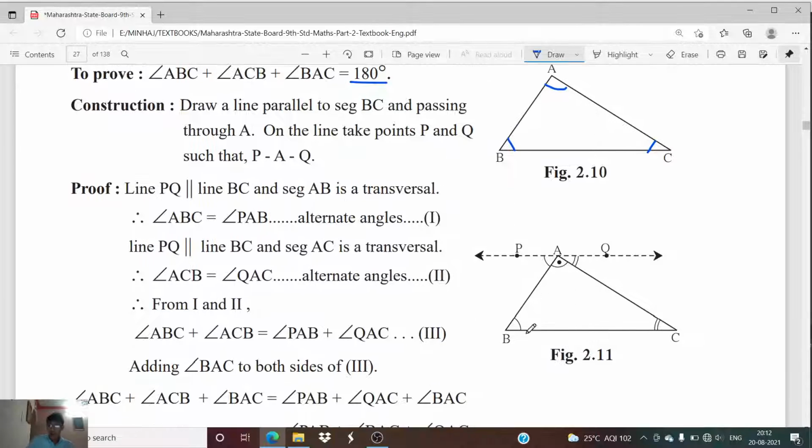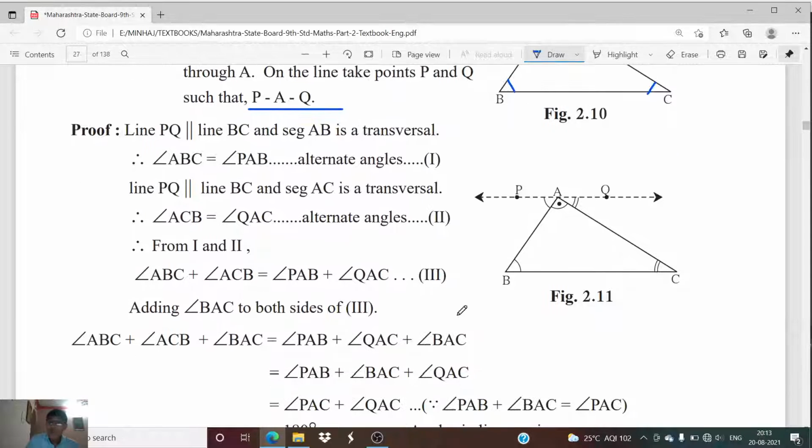So I have drawn a line here, which is line PQ, passing through point A, and the collinearity of the points is such that P is first, then A is in between, and Q is the last point on the line. Now how can we prove this theorem? We have taken PQ parallel to BC. So from the construction work, line PQ is parallel to side BC of triangle ABC.